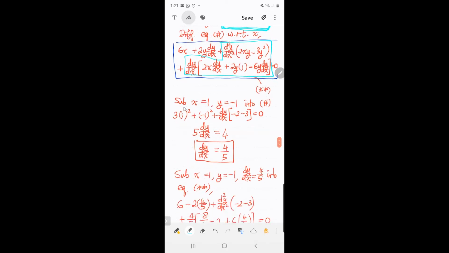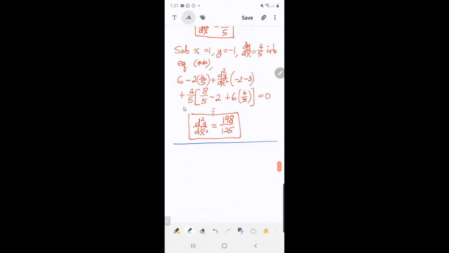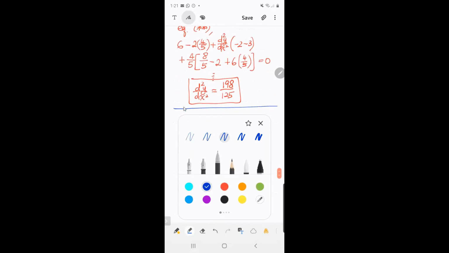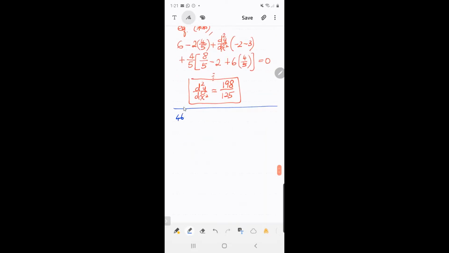So I will do one more question, number 46. This is a question from November 2006. Now the curve C has equation y equals x squared plus lambda sine of x plus y.